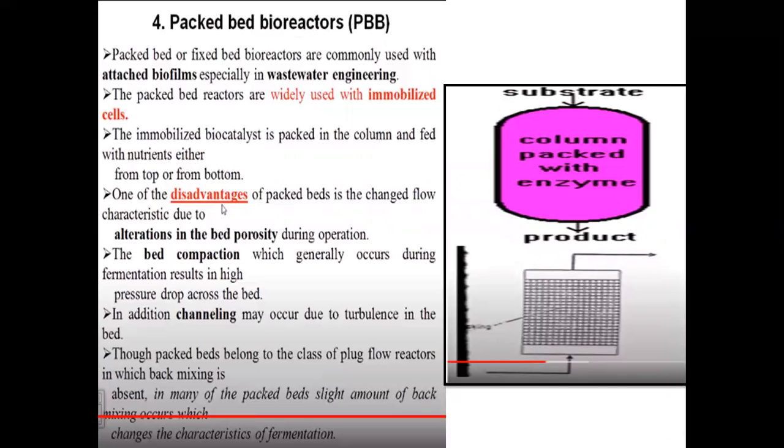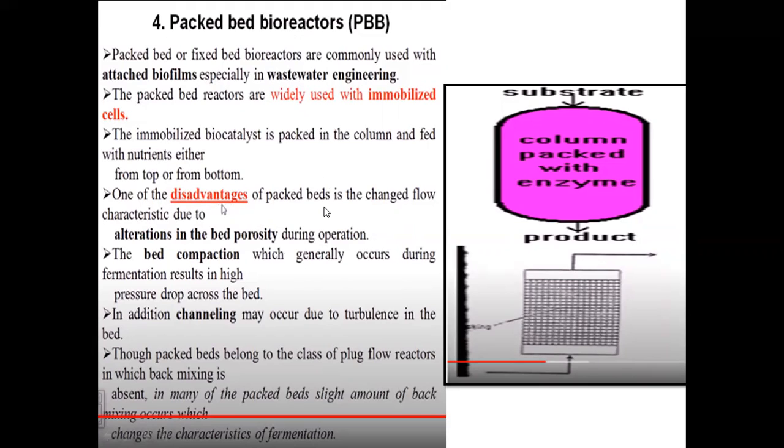The next type of bioreactors are the packed bed bioreactors, in which solid media is utilized to form the immobilized bed, and within this solid bed, the microorganisms are attached in the form of biofilms, or they may be attached to the surface of the packed bed, or they may also be present inside the particles and entrapped within these particles of the reactor bed.